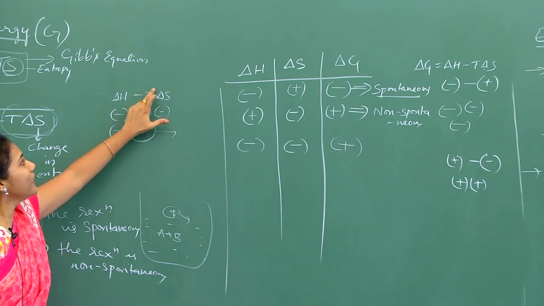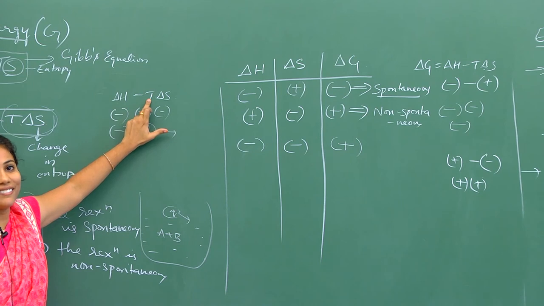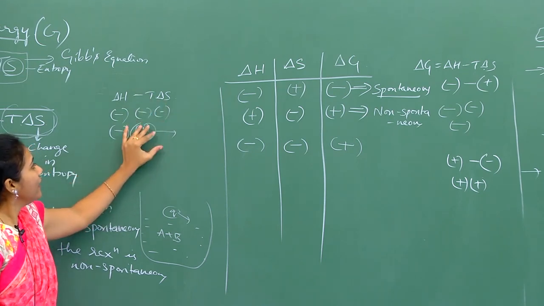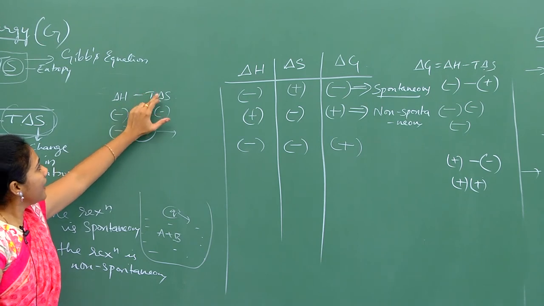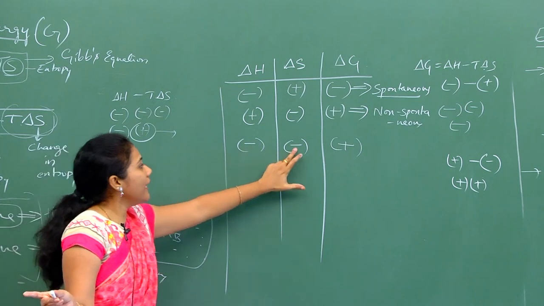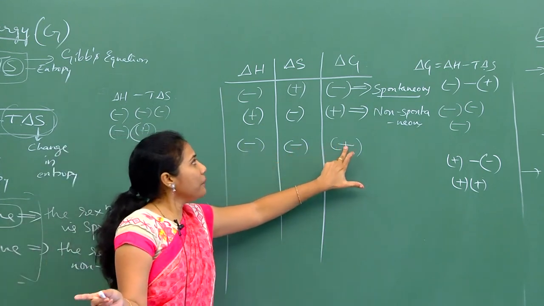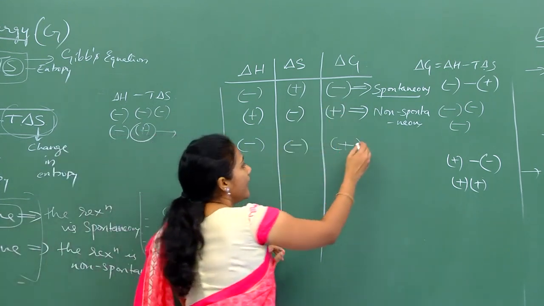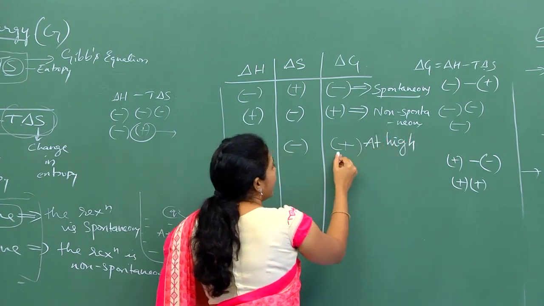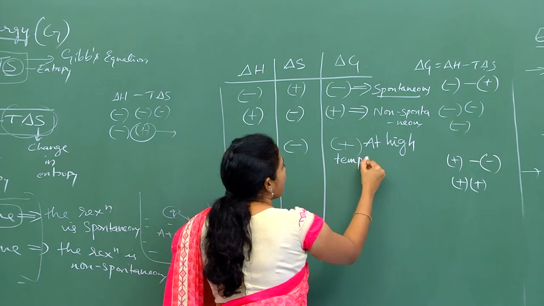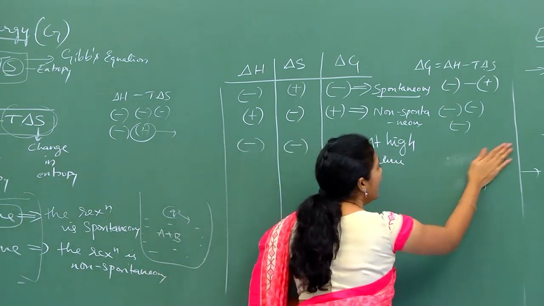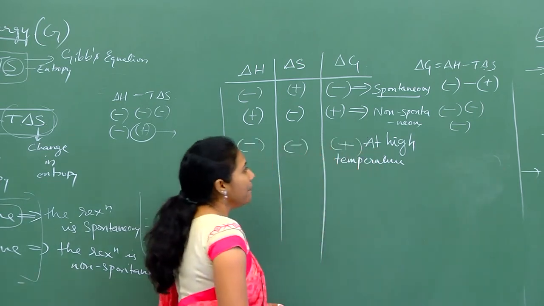When you have temperature very much higher. So when both are negative, you will get a positive value for delta G at high temperatures. Okay, this is possible.